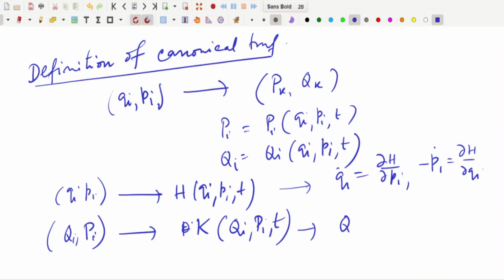So you will have Qi dot equals del K del Pi, and minus Pi dot equals del K del Qi. If we have this, then we say the transformation is a canonical transformation.